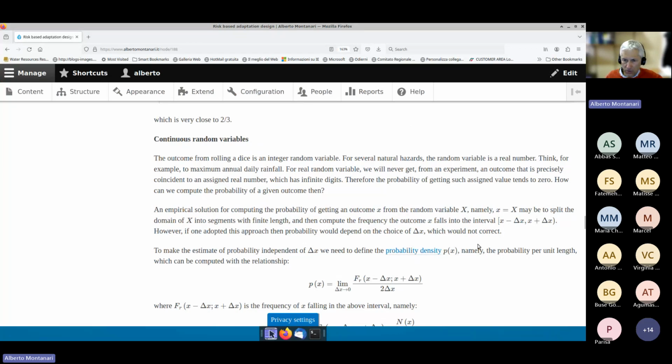Perfect. So in a formal way, what we have to do is to compute this quantity, the frequency, which I indicated with the symbol FR. So I go back to the graphic window.